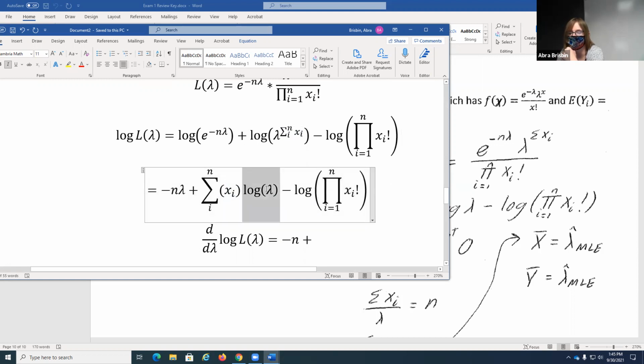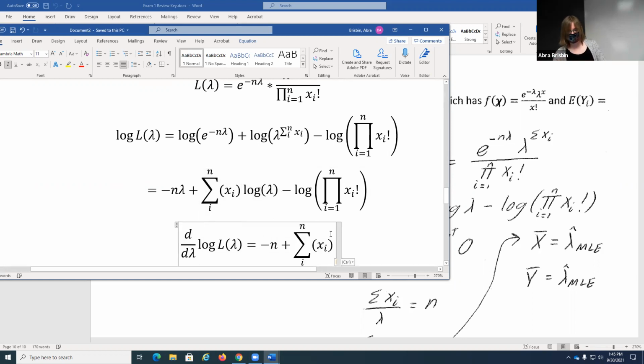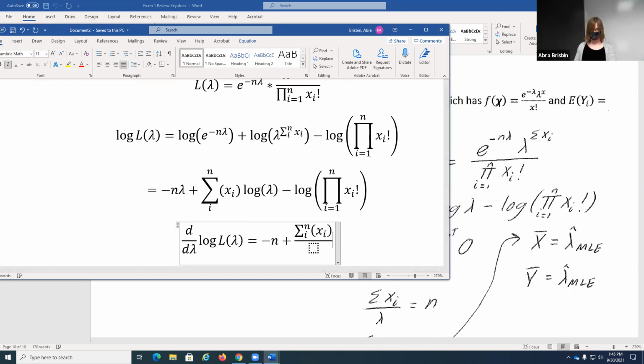So here we have the log of lambda. What's the derivative of that? One over lambda. So we're going to have our constant divided by lambda. And I will clean up my notation here.